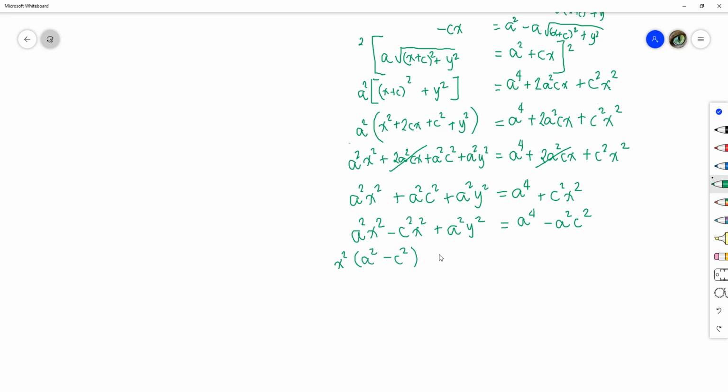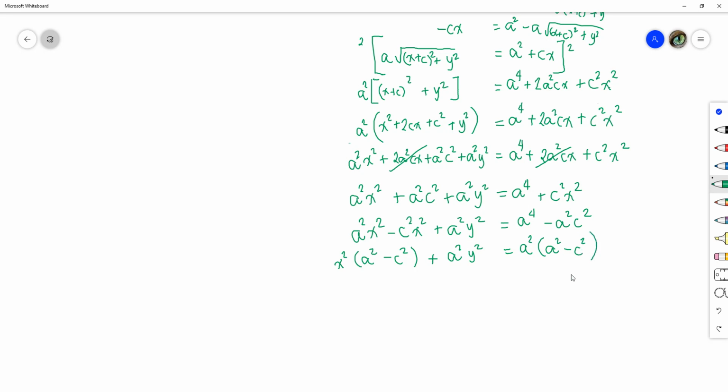On the other side, plus a squared y squared equals, here we can factor out a squared, so a squared times a squared minus c squared.